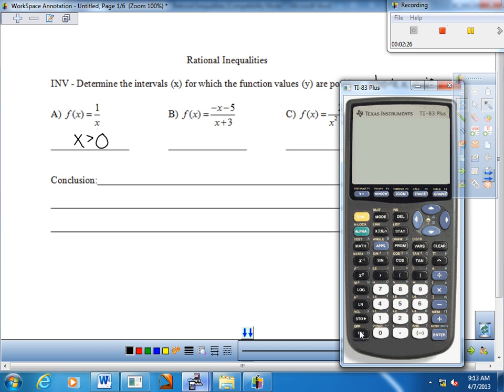All right, next one. Let's go get it set up, everyone. I'm going to go back to the y equals, and I have negative x minus 5, and then divided by x plus 3. Okay, nice. I'll hit graph. So similar situation. Look at where the graph is above the x-axis.